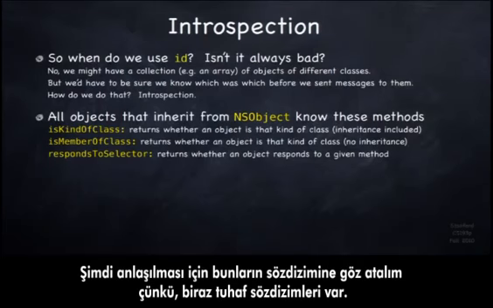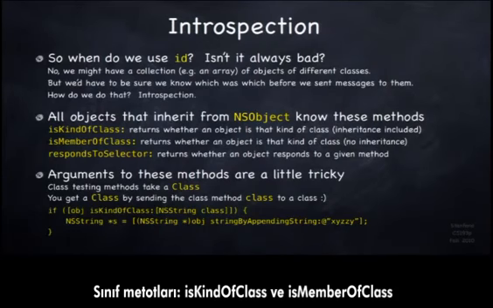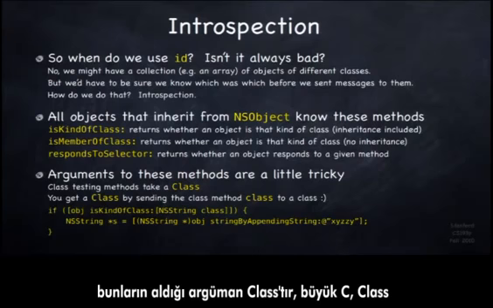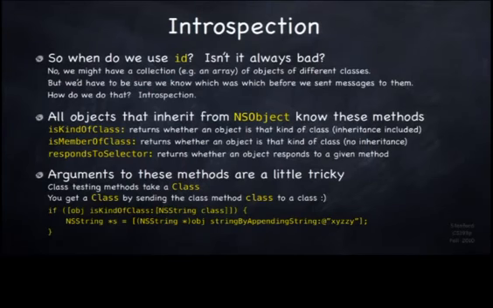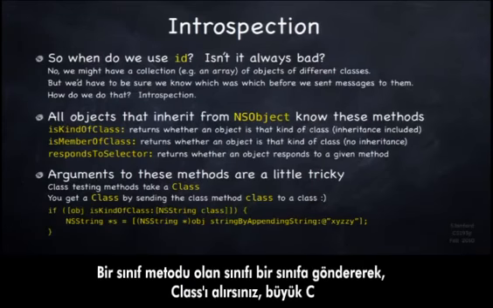So let's look at the syntax of these because it's a little funky and the arguments are a little weird. The class methods isKindOfClass and isMemberOfClass take what's called a Class, a capital C Class. It's a typedef thing. It's not really an object. It's a special thing. You get the Class, capital C, from a class by sending it the class method, class.